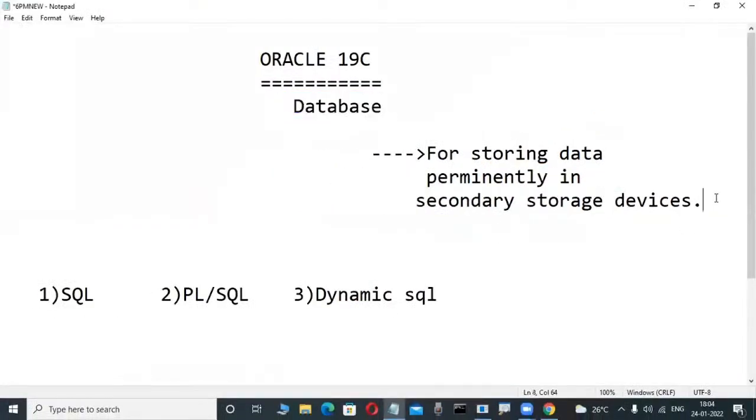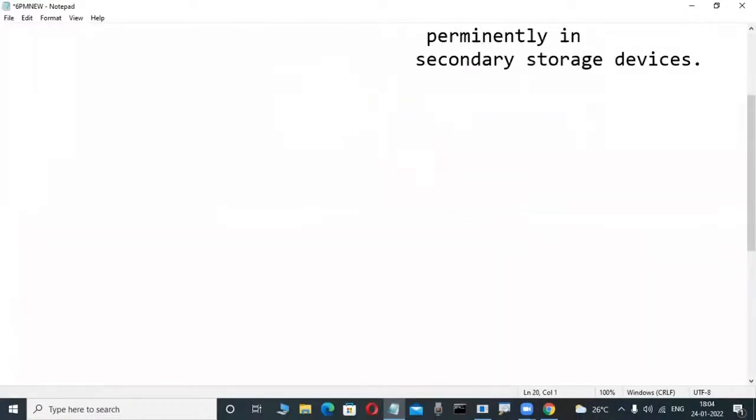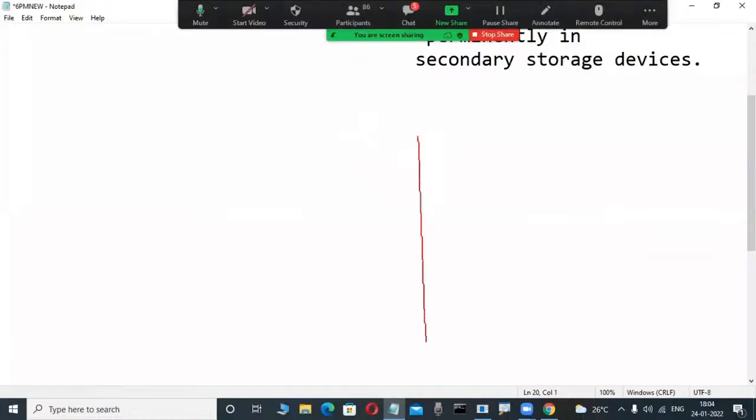But unfortunately, as I told in previous classes, observe slowly here, database means it is a place. Whenever we install Oracle, SQL Server, DB2, these types of databases in our system, automatically one place is created.